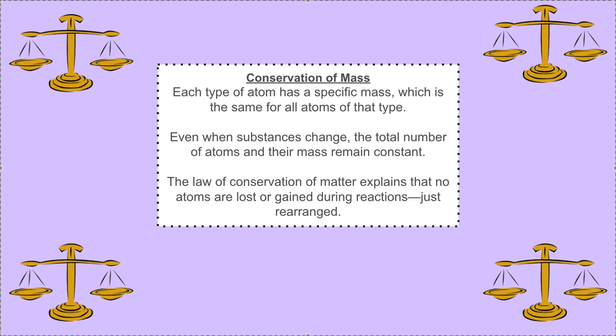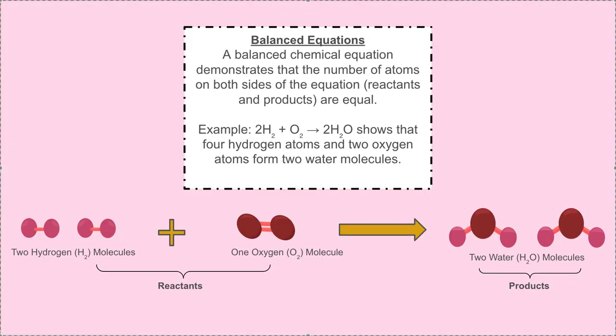They're just rearranged like those Lego pieces to make new substances. And so we can show that by making balanced chemical equations. It shows us that the number of atoms and the types of atoms we start with in a chemical reaction, the reactants, will always be the same and weigh the same as the number and types that we get in the products.